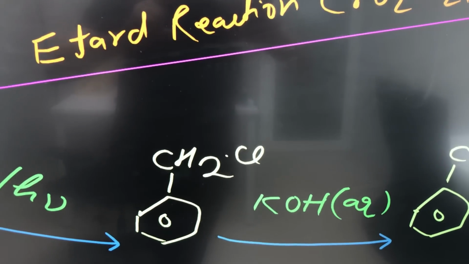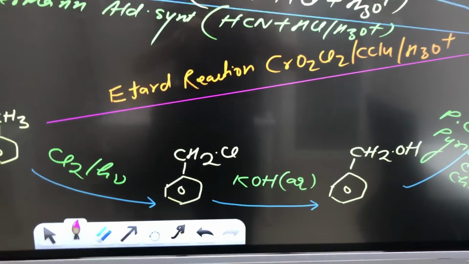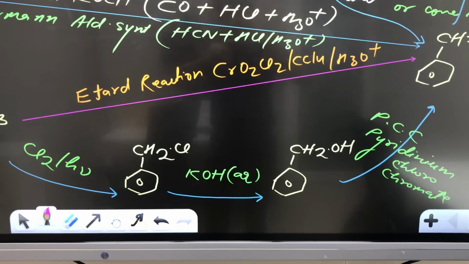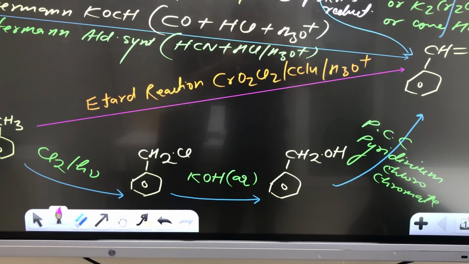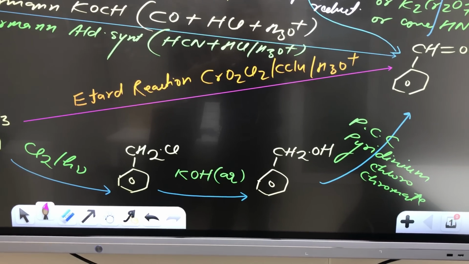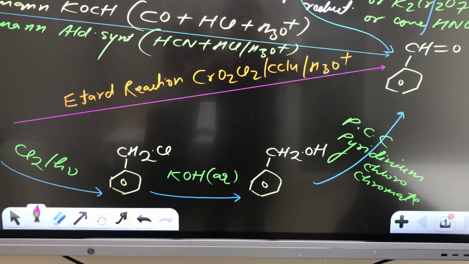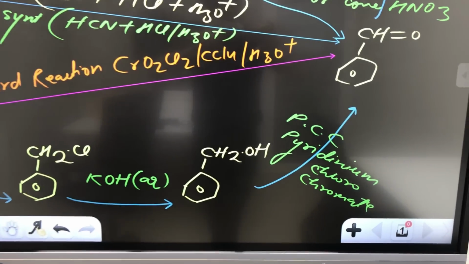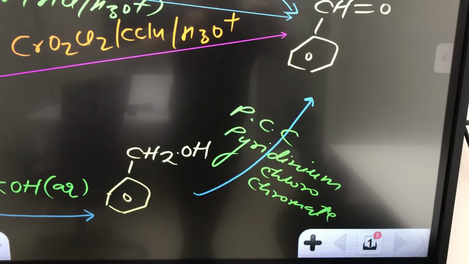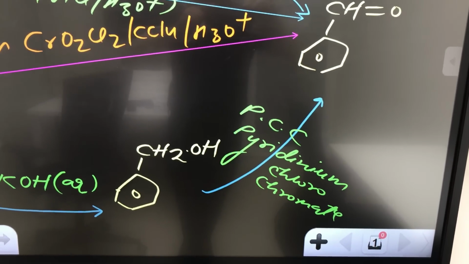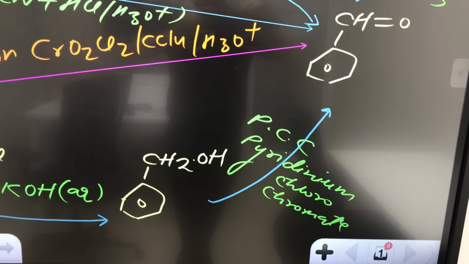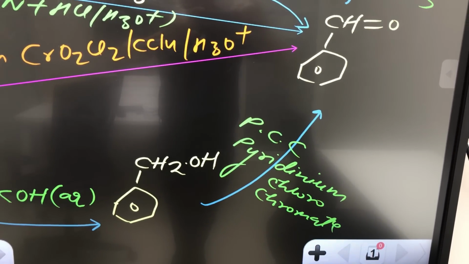Now, when this benzyl chloride reacts with aqueous KOH, can you see aqueous KOH? It is going to give you benzyl alcohol. Now, this benzyl alcohol on reaction with PCC, this PCC is an MOA. MOA means mild oxidizing agent.